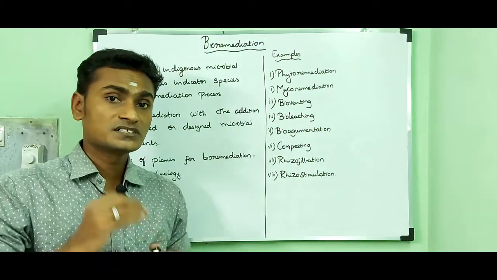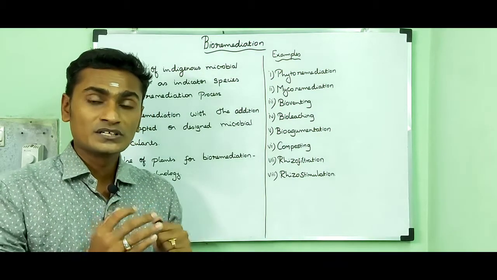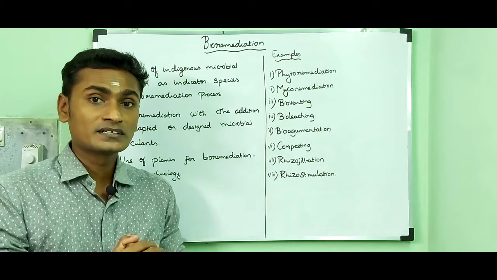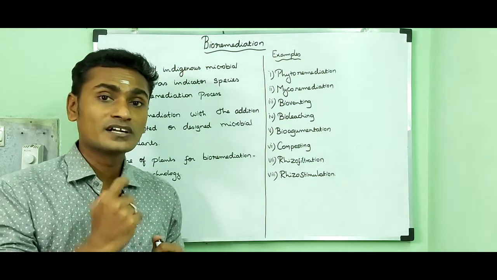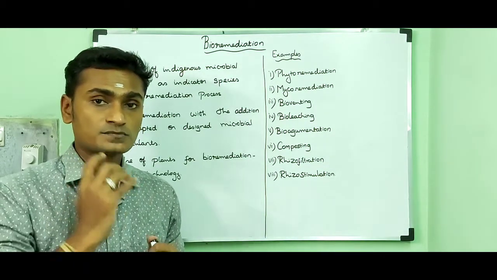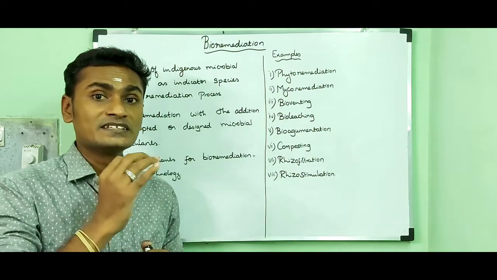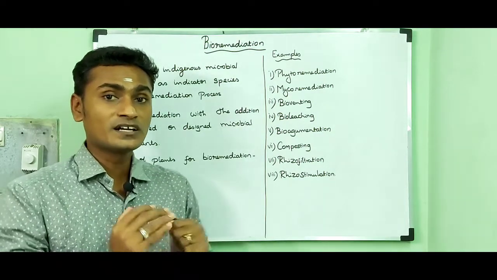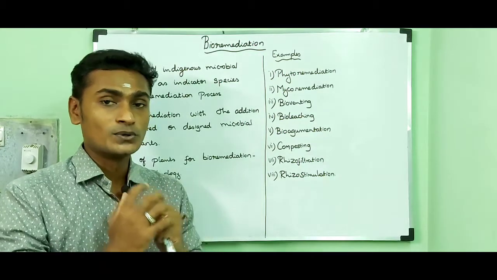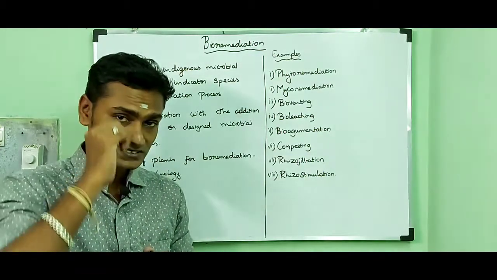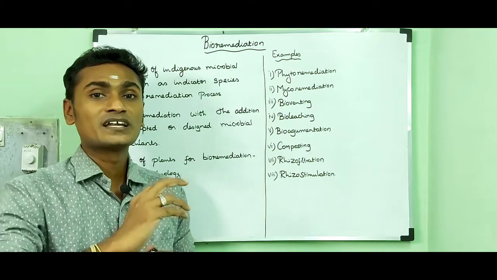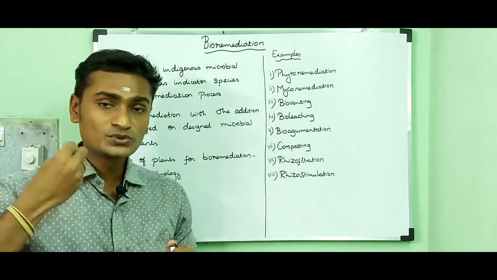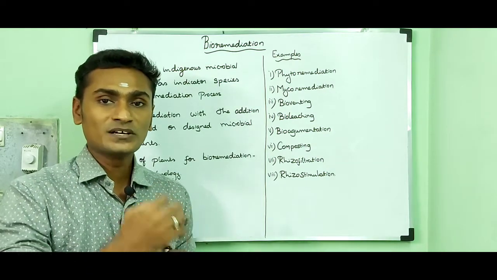If the population of Scenedesmus is high, it indicates the water is polluted with organic waste or sewage dispersal. So it is an indicator. Then by using that same Scenedesmus, we can remove the pollutants from the water.